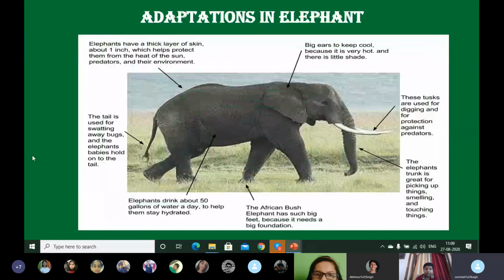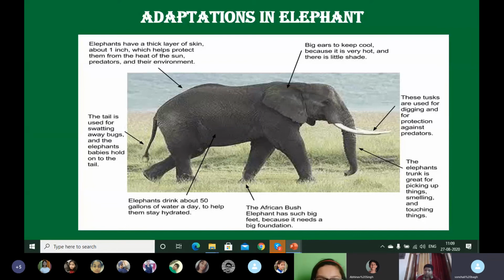The last animal is the elephant. The elephant has thick skin which protects it from the sun and also from predators. Because of its huge body, the body temperature of the elephant is very high.